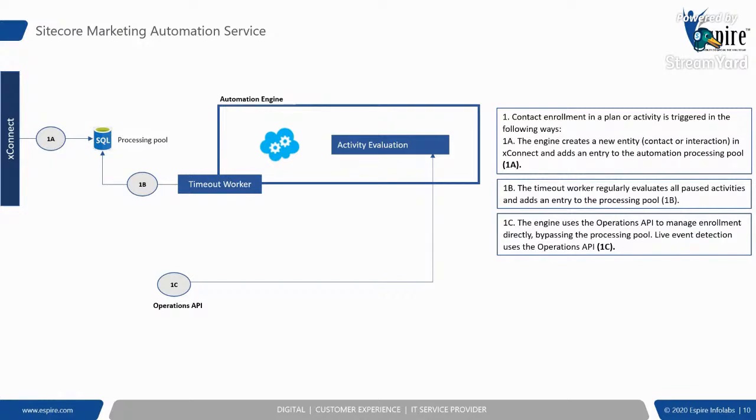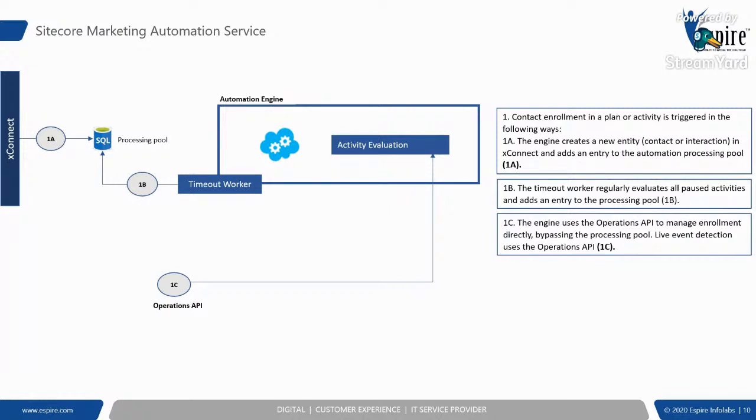As I think Gaurav was asking, if there are cases where we want to send a newsletter to customers 7 days after their subscribing, the timeout worker is responsible for handling such situations. It will evaluate after how much time it has to enroll that contact, and process that contact for further activities.